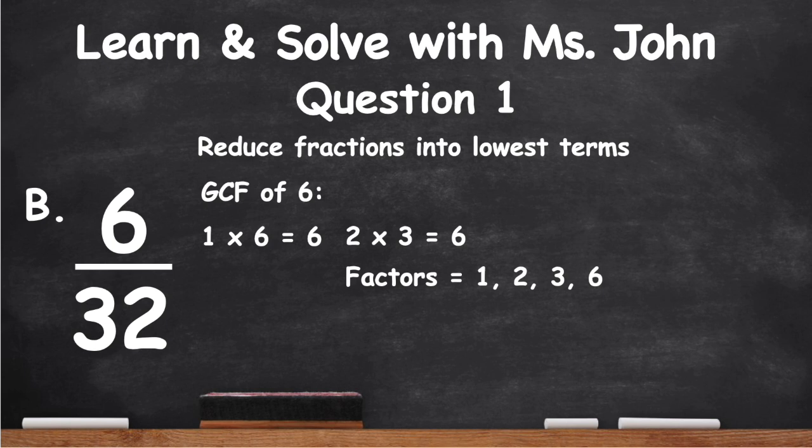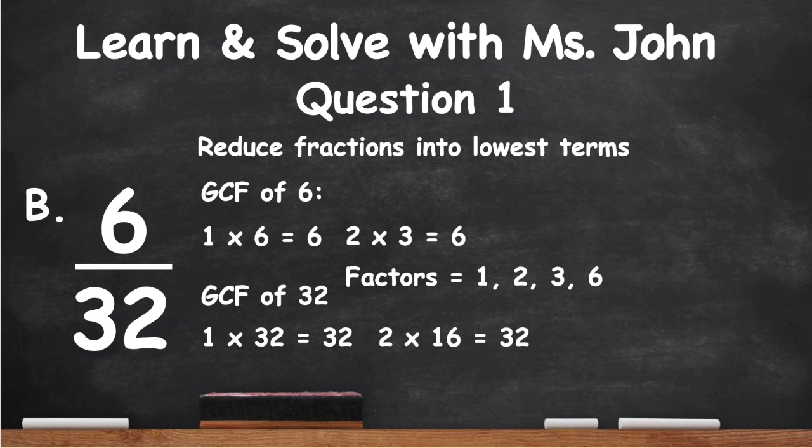Now we're going to look at the factors of 32. What times what equals 32? We know that 1 times 32 equals 32. Then 2 times what equals 32, which is 2 times 16. Does 3 times anything equal 32? It doesn't. Does 4 times anything equal 32?